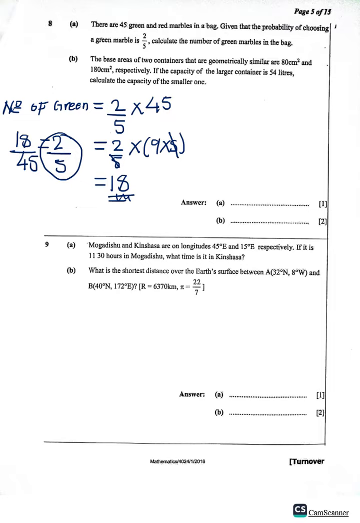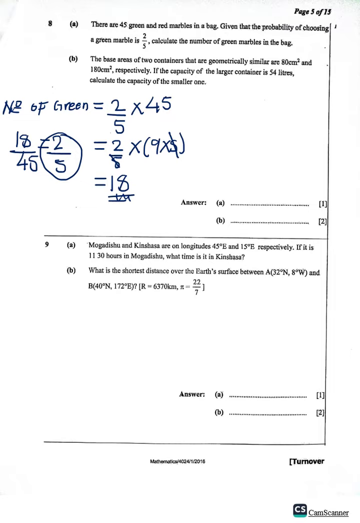So the other question, the base areas of two containers that are geometrically similar are 80 squared centimeter and 180 squared centimeter respectively. Now if the capacity of the larger container is 54 liters, calculate the capacity of the smaller one.